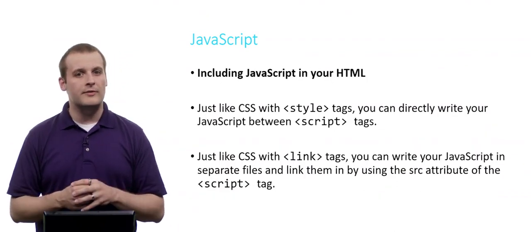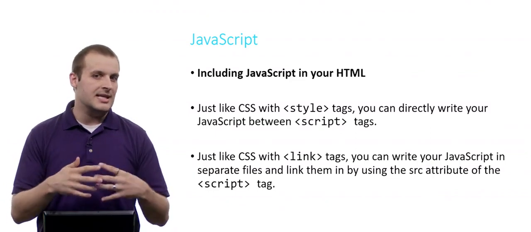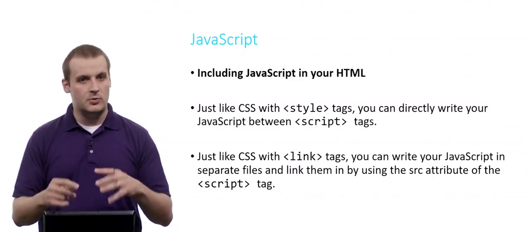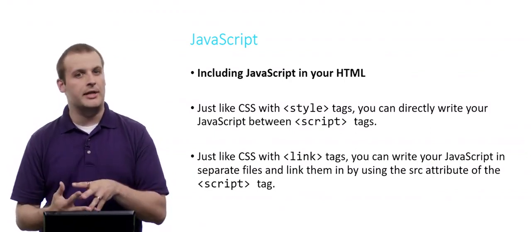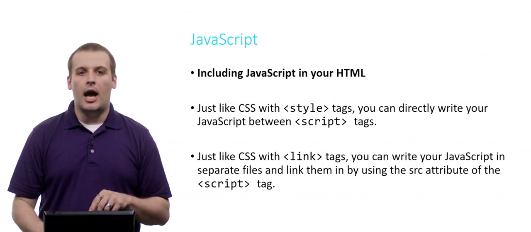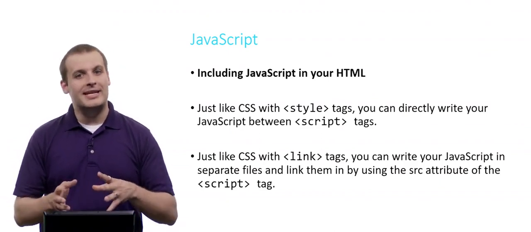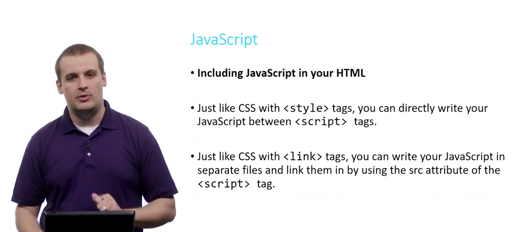To include JavaScript in your HTML, it's pretty easy. Just like when we include CSS with style tags, we can include JavaScript in between script tags. So we can have an open script tag and literally start writing JavaScript right in our HTML, which is kind of cool. But also like CSS, where we had link tags, we can write our JavaScript in a different file and connect it using the source attribute of a script tag.